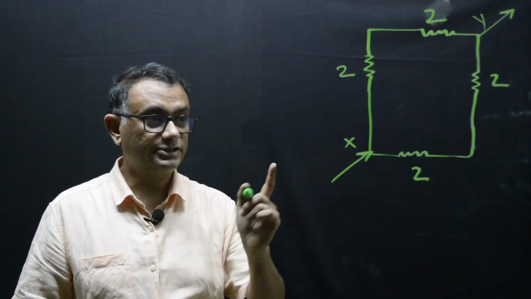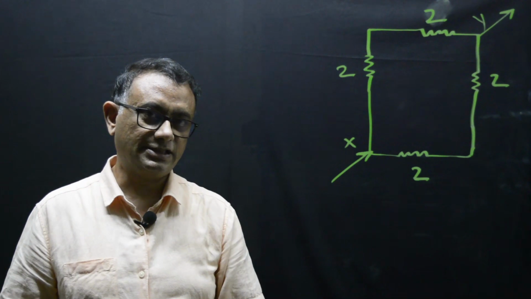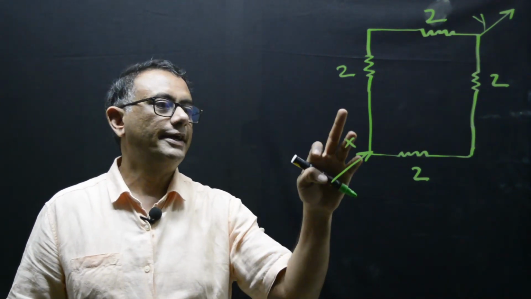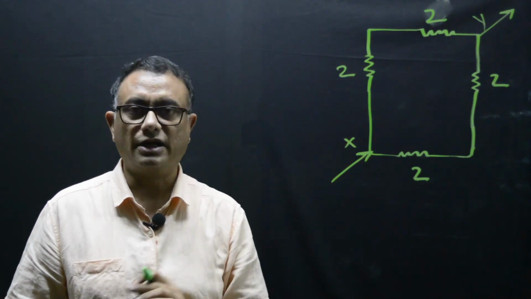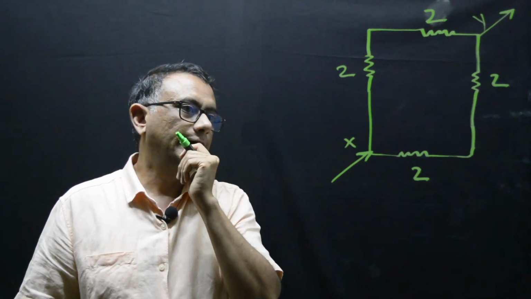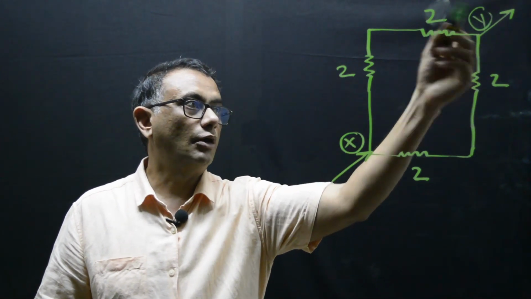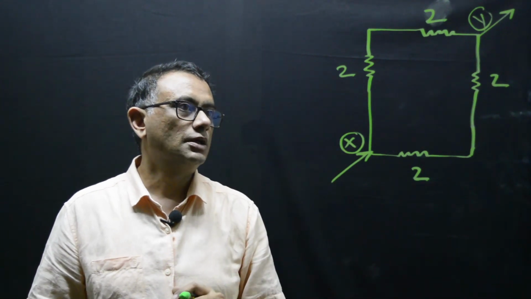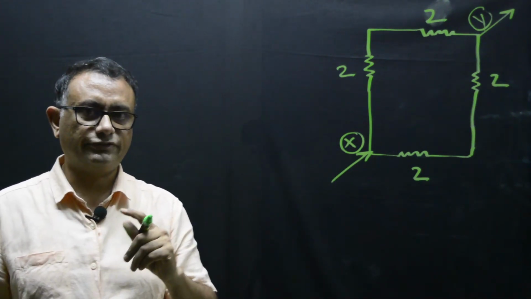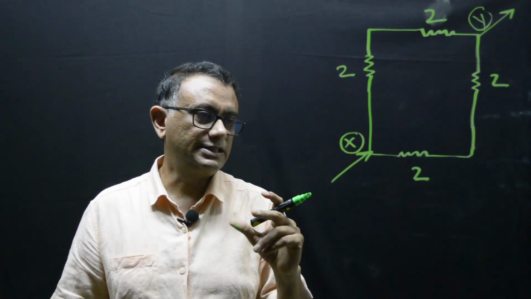Let's try our hand at this numerical, where we have been given a series of resistances connected in this fashion, and we are told to find the effective resistance of this circuit, the R effective, between the points X and Y. Between which points is important. To do these kinds of numericals, we have to identify which of the resistances are in series and parallel.